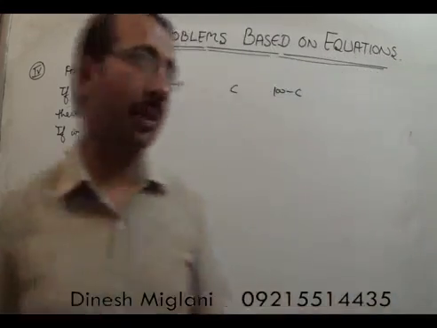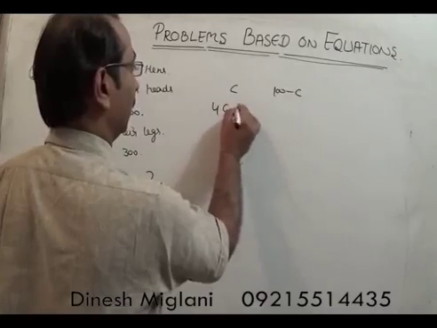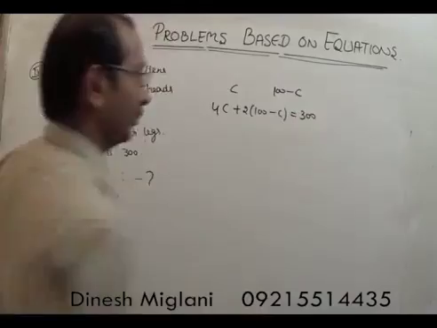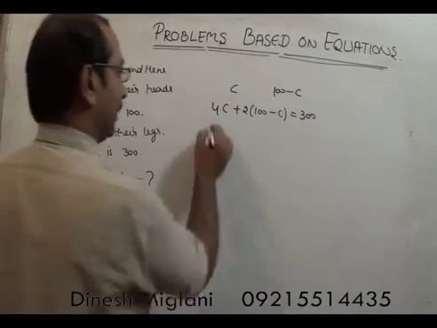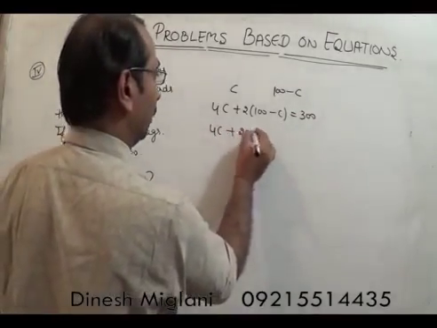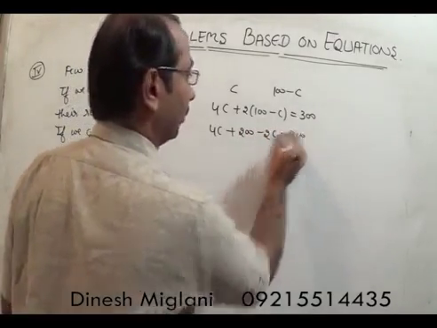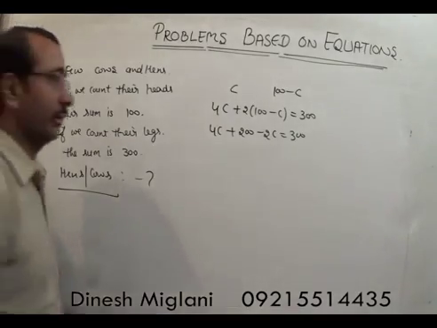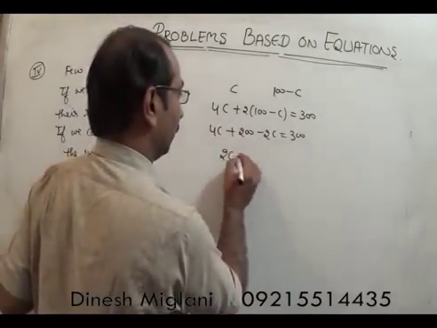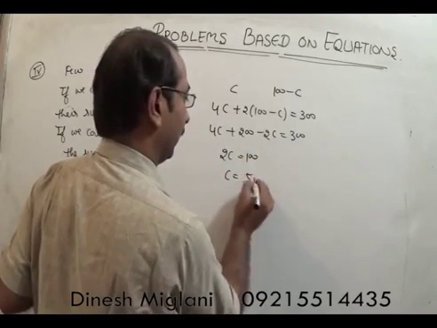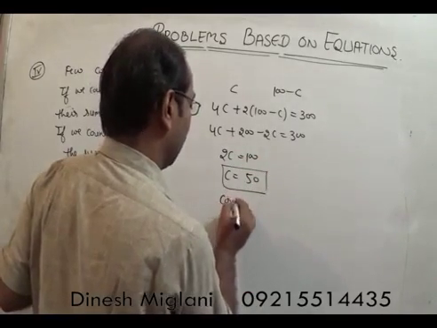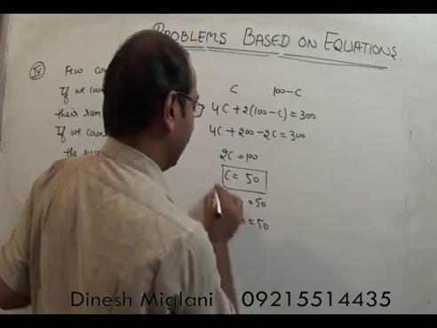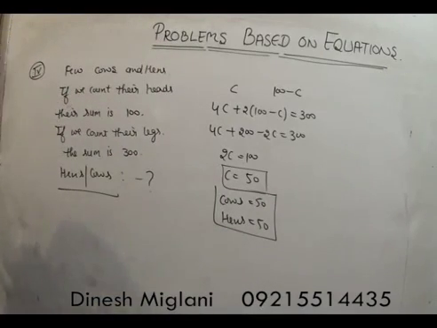One cow has 4 legs, so I will multiply this by 4, 4C, plus twice of 100 minus C, and the sum is equal to 300. Now I can say 4C plus 200 minus 2C equals 300. Subtracting, 2C is equal to 100, or C is equal to 50. It means the number of cows is 50 and the number of hens is also 50. That becomes the answer.